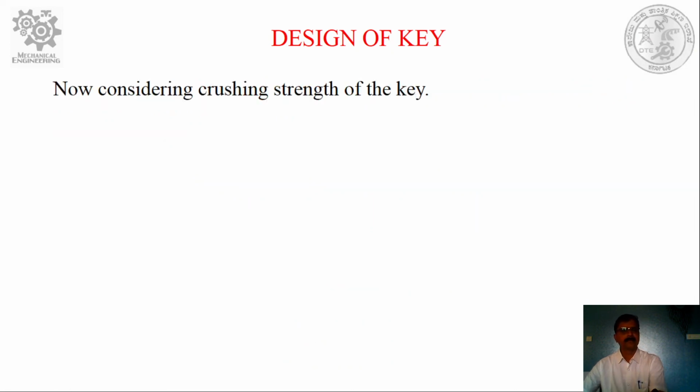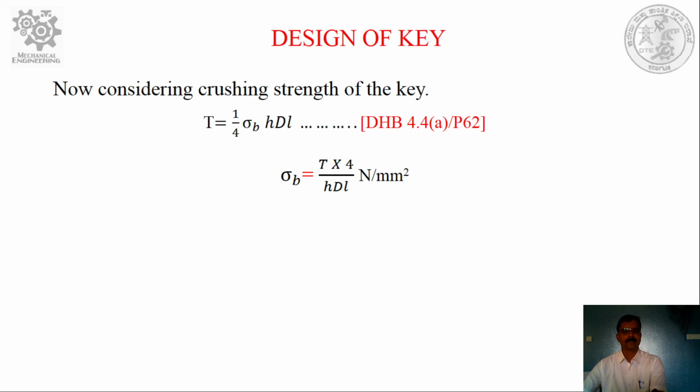Now considering the next one, the crushing strength of the key. T is equal to 1 by 4 into sigma B into H into D into L. Extract sigma B, the bearing pressure, the crushing resistance, from that equation, and substitute the values here: the torque transmitted and the height. We are going to use a square key, which means both B and H are the same, that is 16 millimeter, D is the diameter of the shaft and L is the length of the hub.